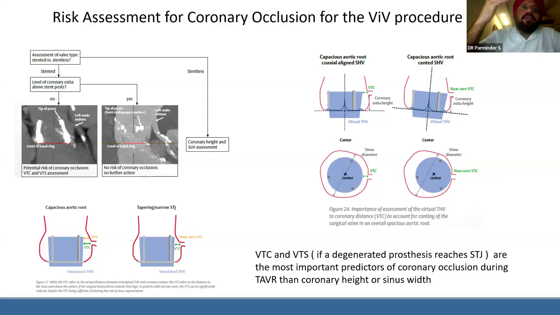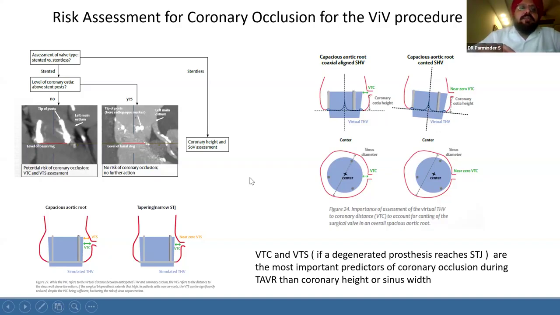However, if the level of the coronary ostia is lower in comparison to the stent post, then we need to be careful. We may have to measure VTC, the virtual valve to STJ distance, for the valve-in-valve procedure.